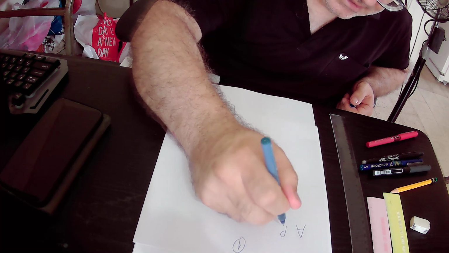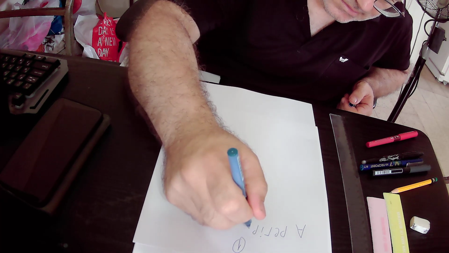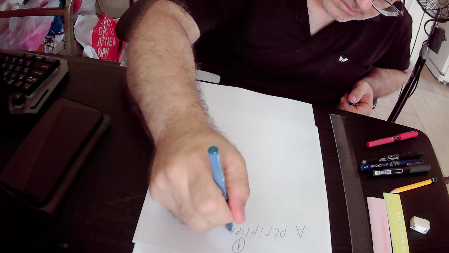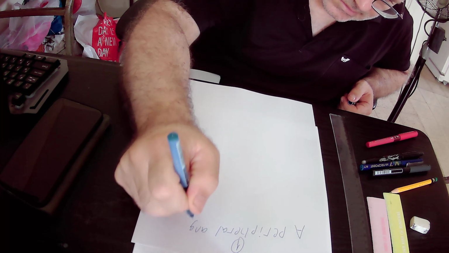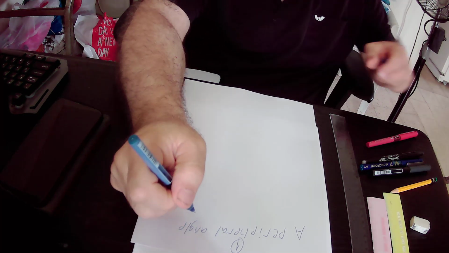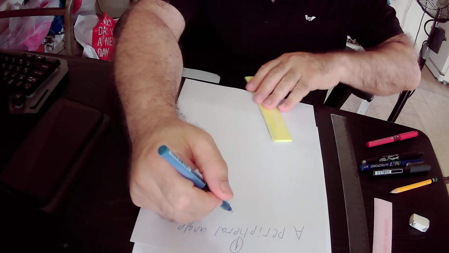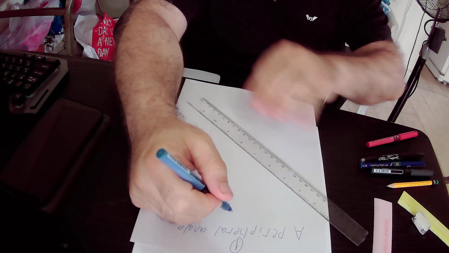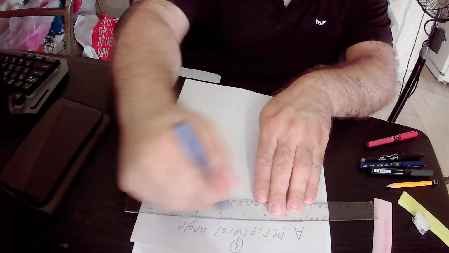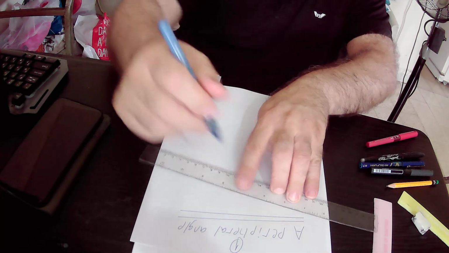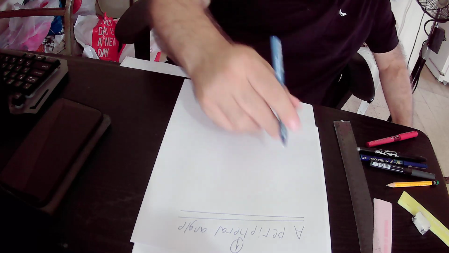A peripheral angle is an angle inside the circle.